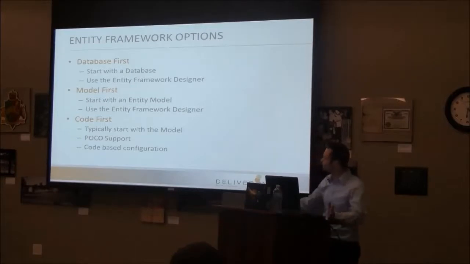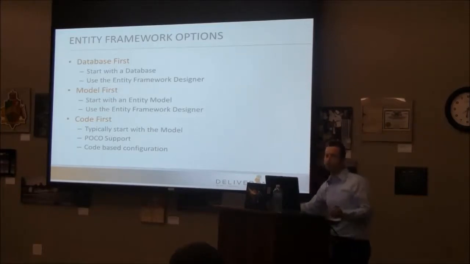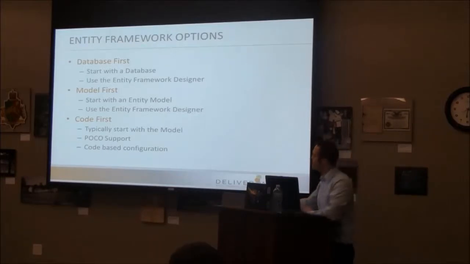With the release of, I think it was, Entity Framework 4.1, they added what they call Code First. Basically, you write all the code using just plain old POCOs, plain old CLR objects, and you typically start with the model in that case. You don't have to. You usually use it to generate your database for you by writing the classes.